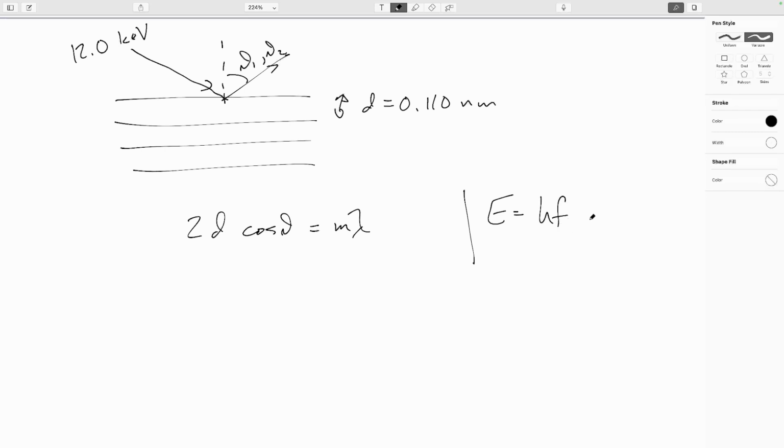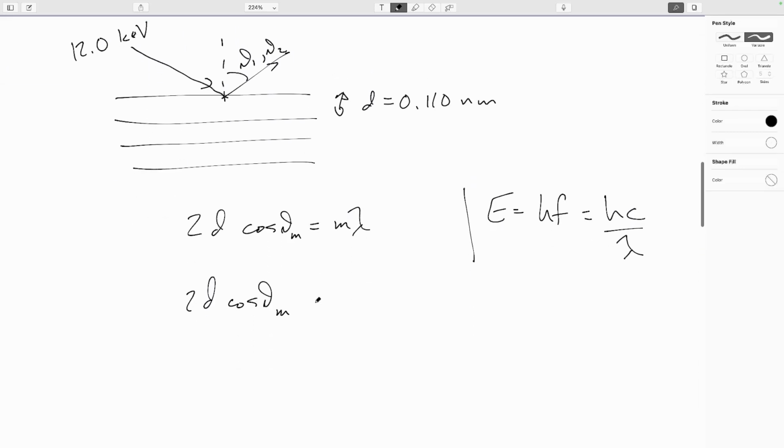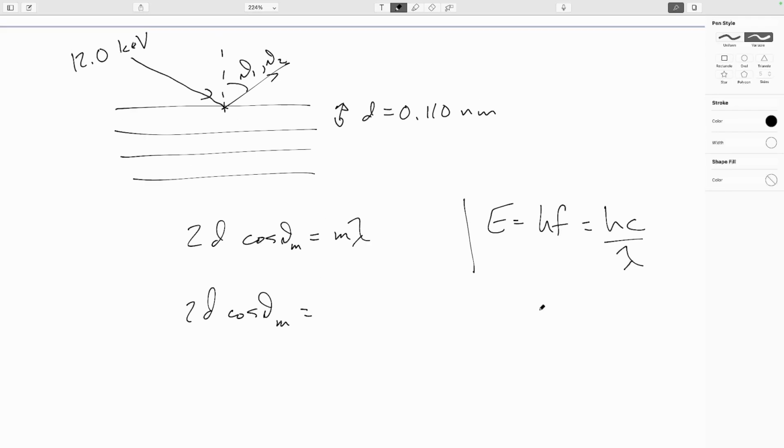And if we remember, frequency times wavelength equals speed of light. So it's often convenient to write this as hc over lambda. So let's go ahead and put that in. So this will give me lambda is equal to hc over E. So we'll say that 2d cosine theta equals m hc over E.